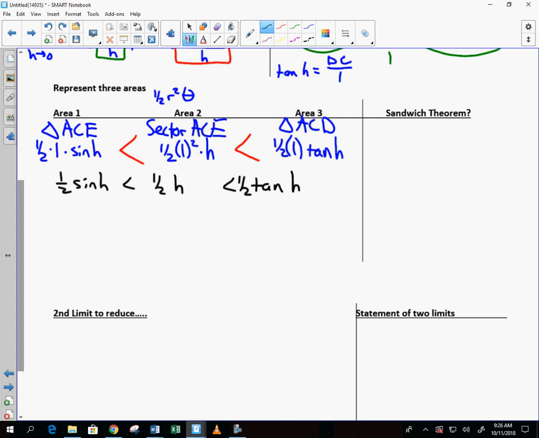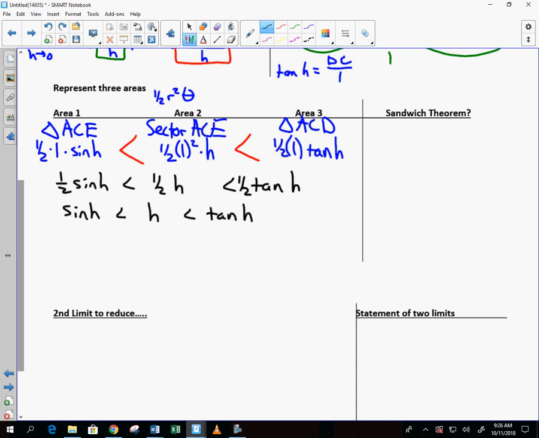Am I allowed to multiply an inequality through by 2? I sure am. And if I do that, I get the sine of h is less than h, which is less than tangent of h. I multiplied through by 2.